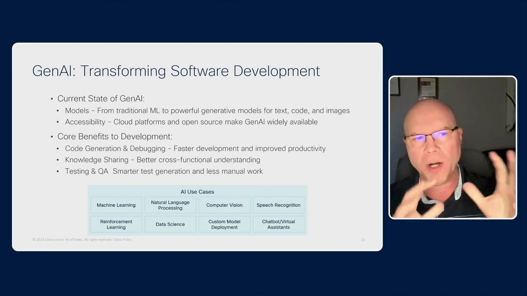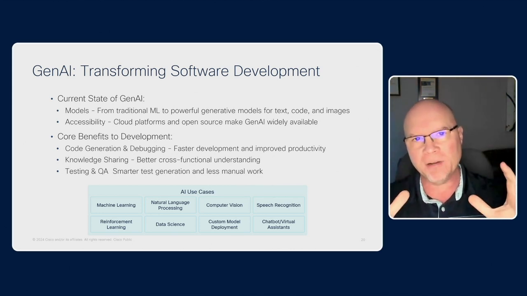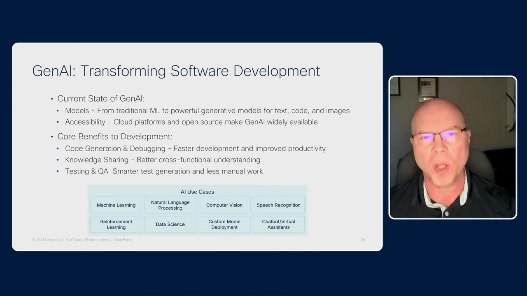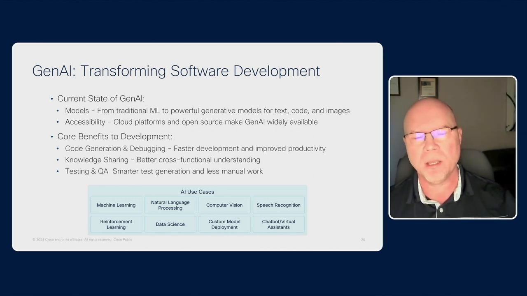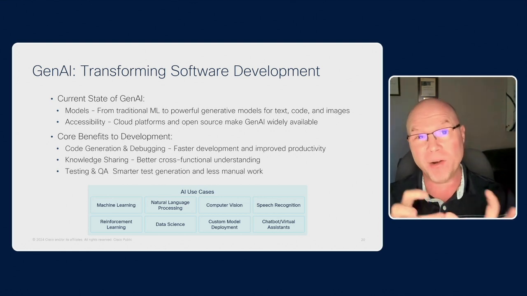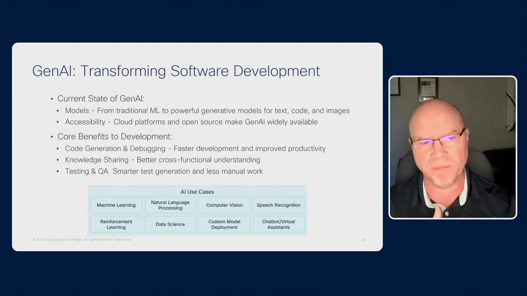But no matter where we all kind of land from the maturity of that research, we are finally starting to understand that there absolutely are core benefits to utilizing Gen AI in very specific use cases around development. And that is obviously from a code generation and debug point of view, when you apply the correct tools at the right point along your workflow, you can yield faster deployment, faster development, and increased productivity.